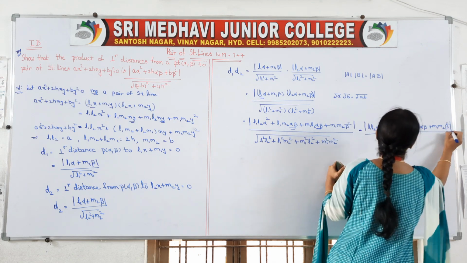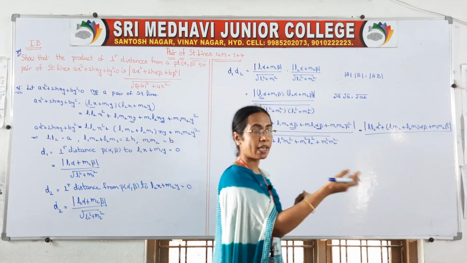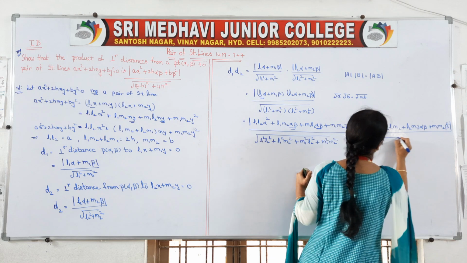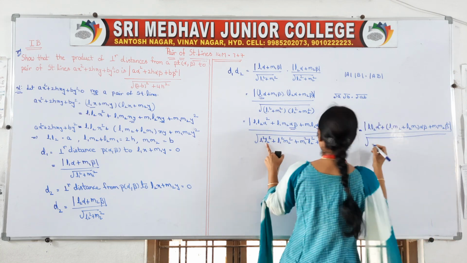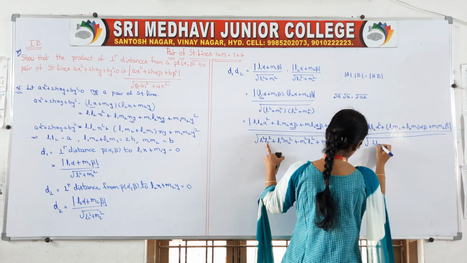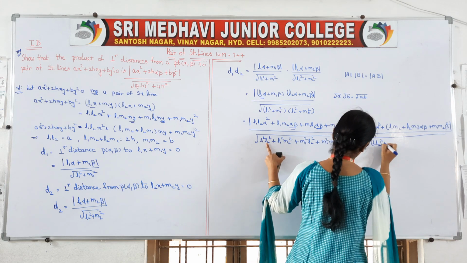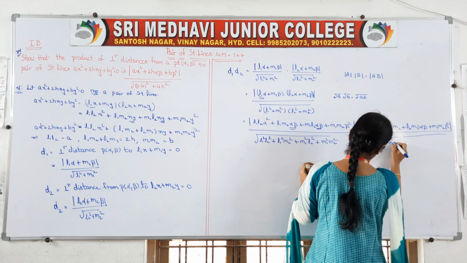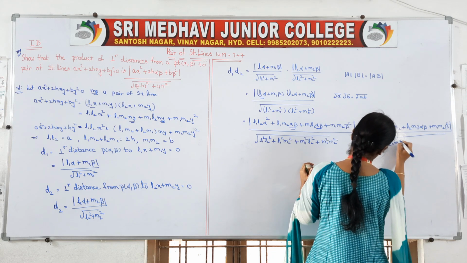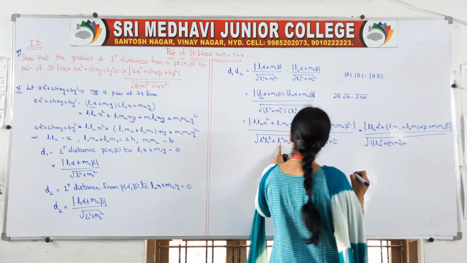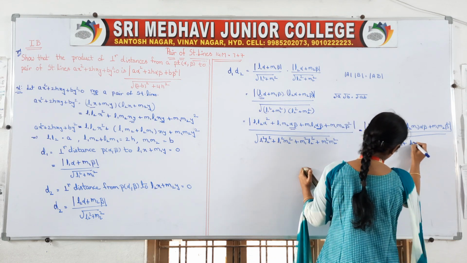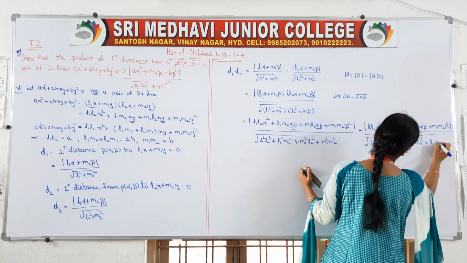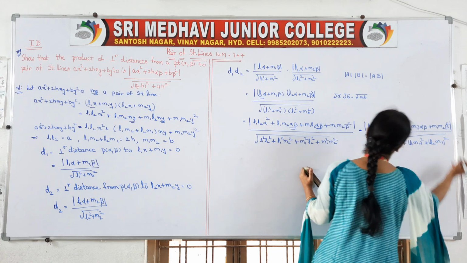And downwards, in a product where power is the same, we can write combinedly: (L1 L2) whole square plus (M1 M2) whole square, plus (L1 M2) whole square plus (L2 M1) whole square.